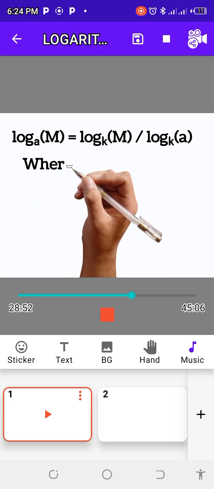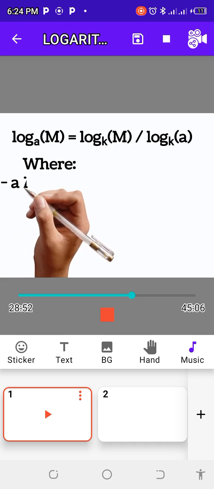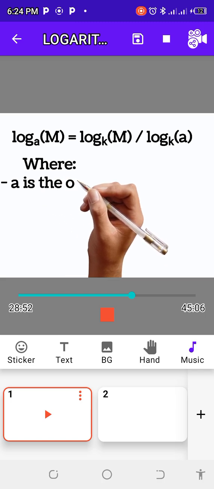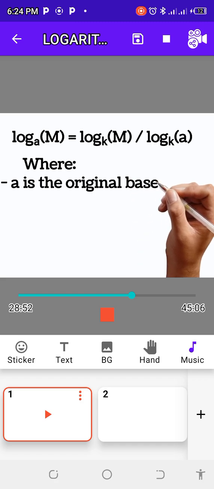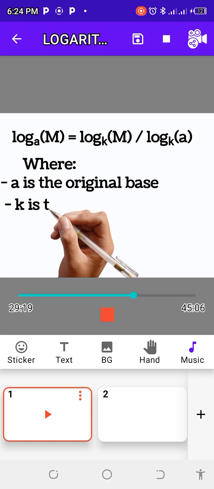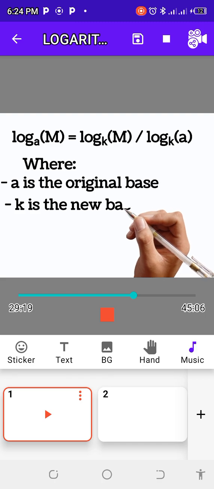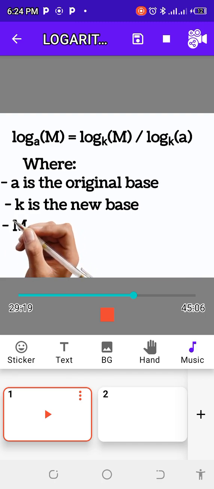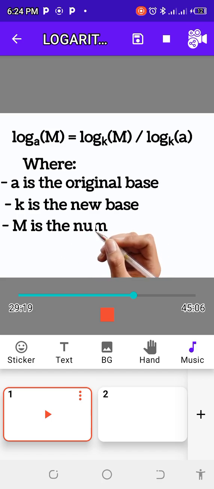It says log m base a is equal to log m base k over log a base k, where a is the original base, k is the new base, and m is the number.